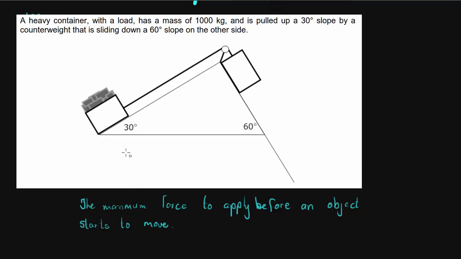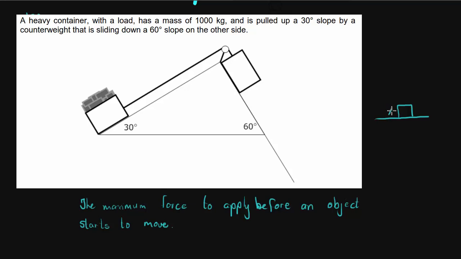So let's put an object, for example, just on a horizontal surface. What is the static friction that it's experiencing? Well, nothing, because there's no incentive to move. There's nothing that causes it to move.